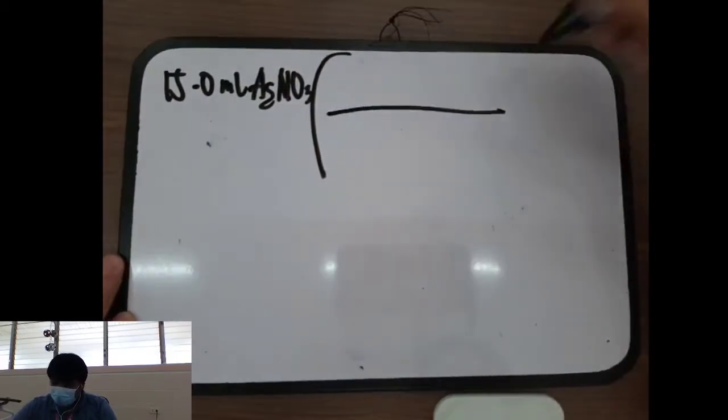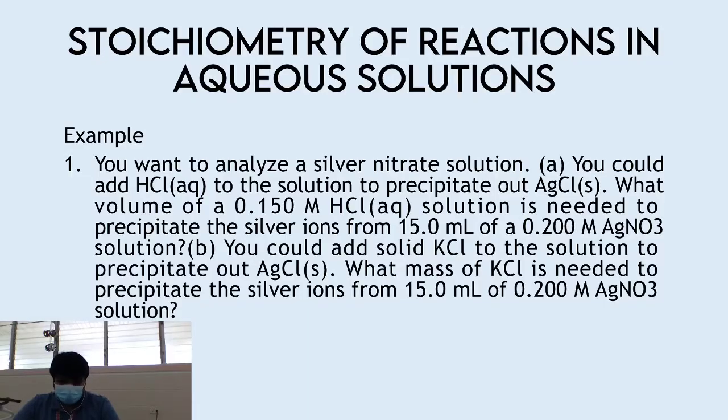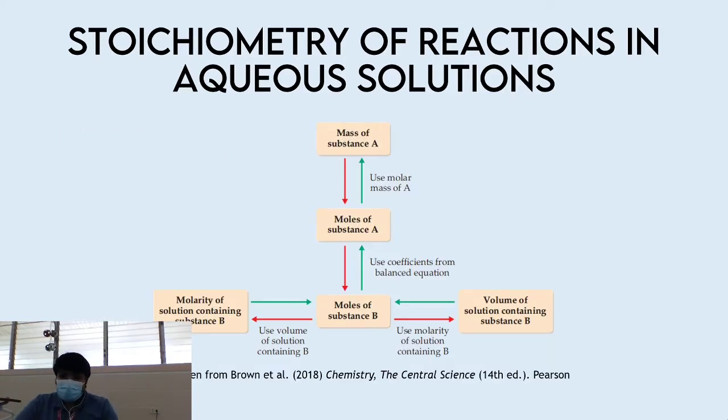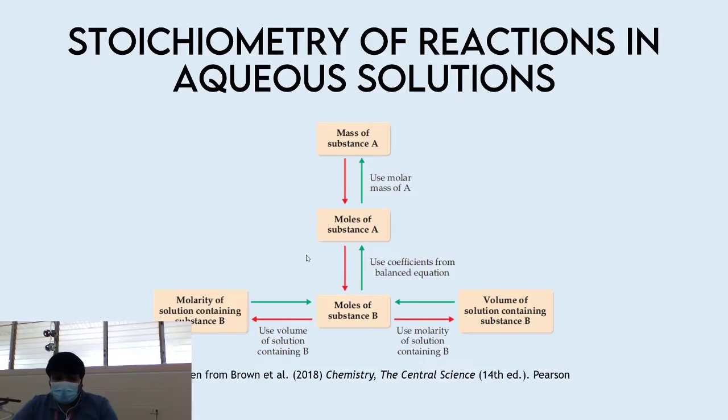Thus, based on the diagram that I have shown, since we're given the volume of the solution containing the substance B, which is in this case silver nitrate, we need to use the molarity of the solution, which is 0.2 molar, to convert it to moles.